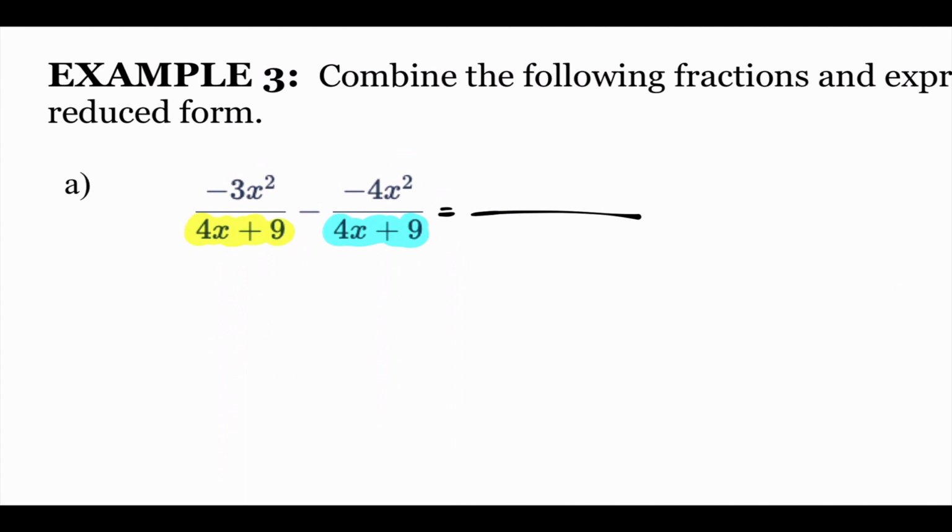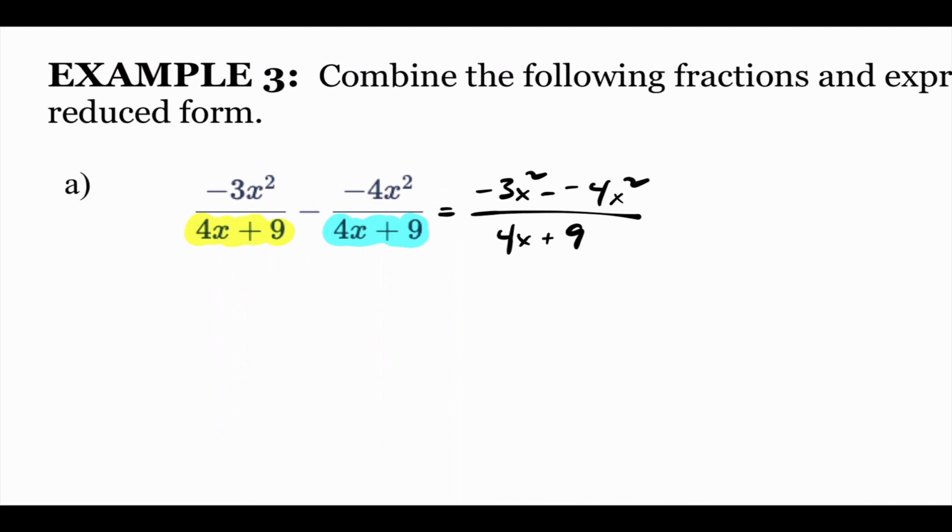The common denominator is 4x plus 9. The top is negative 3x squared minus a negative 4x squared. Okay. Simplify or reduce if you can. I can simplify the top.